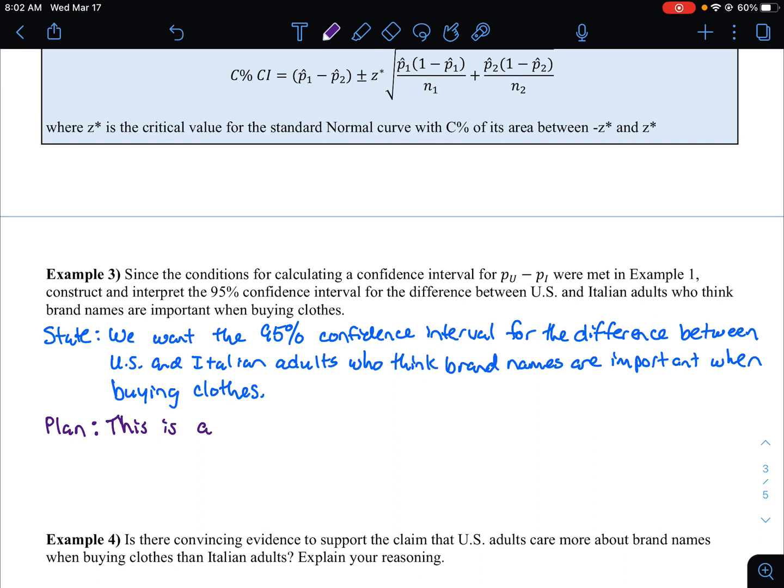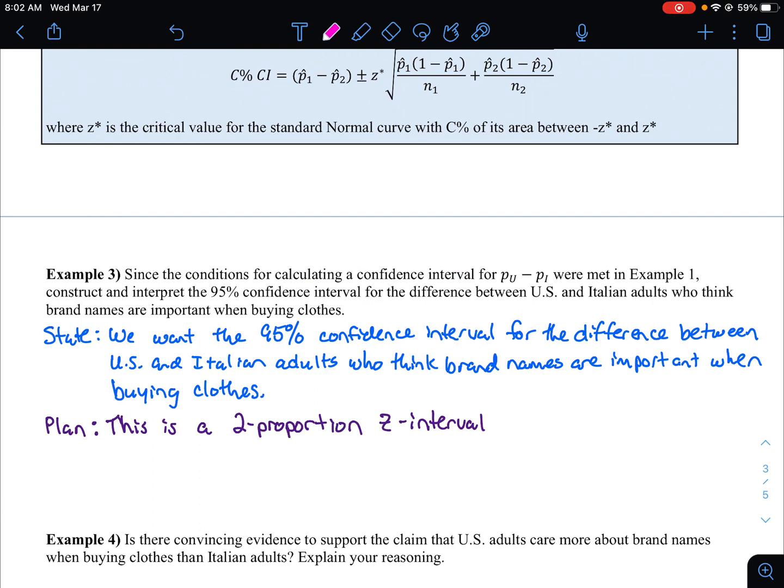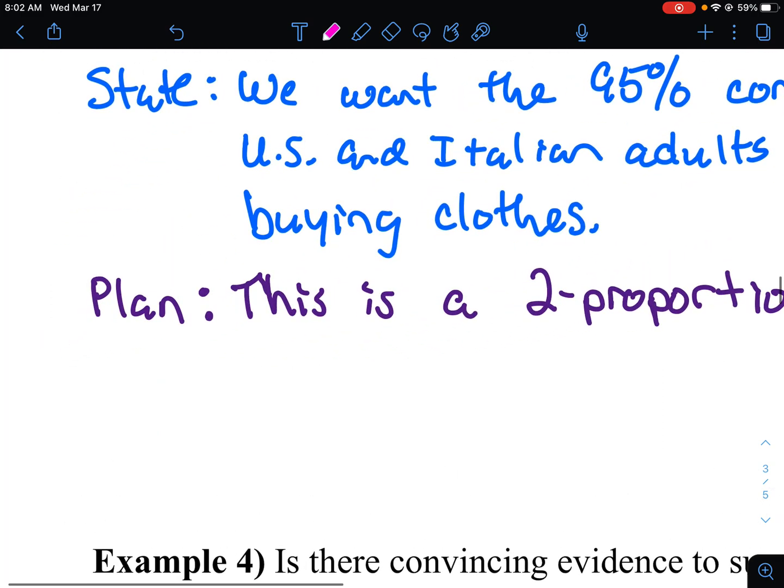Okay, and that's what we're going to use here. This is a 2 proportion, right? One for each population. Z, because we're using Z as our critical value. Interval, because we are trying to calculate the confidence interval. Now, remember that the other portion of the plan stage is to verify the 3 conditions, but we already did that in example 1.